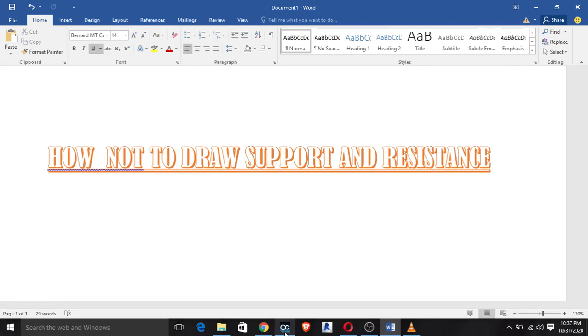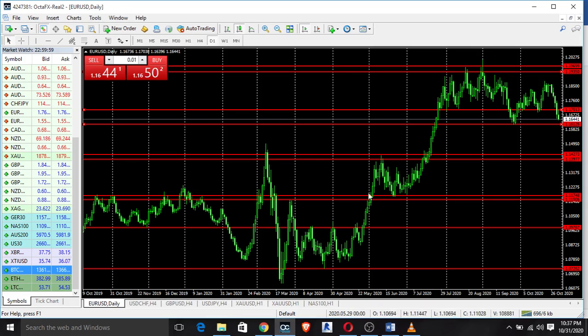So kamar yadda kuka gani a wannan chart din da na display, wannan is a Euro USD chart. So an ce this is not how to draw support and resistance, kuma you should never draw support and resistance like this. Ba zan taɓa tunanin mai hankali dai asalin forex trader zai draw support and resistance a haka ba.